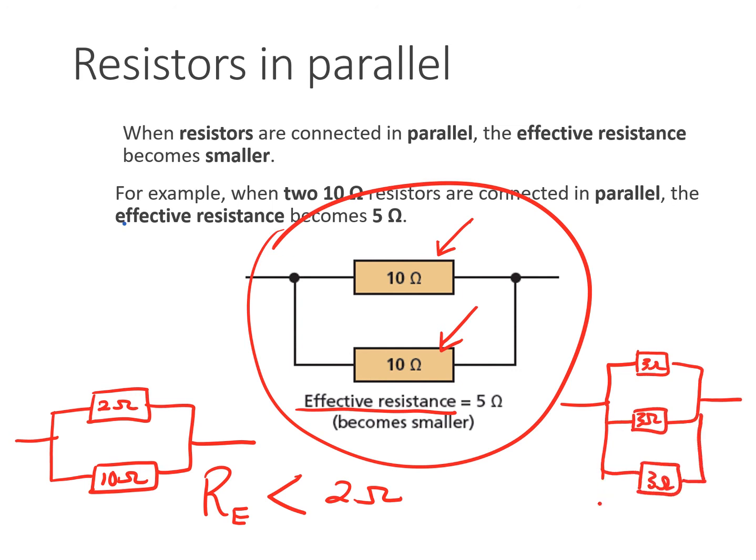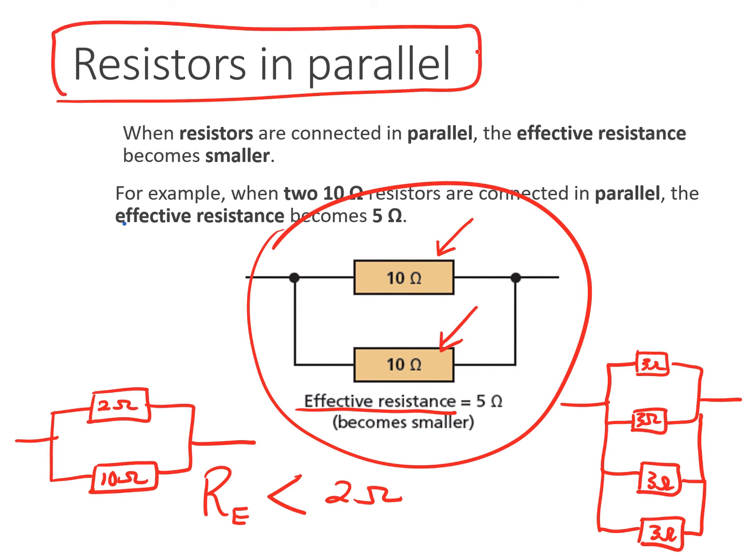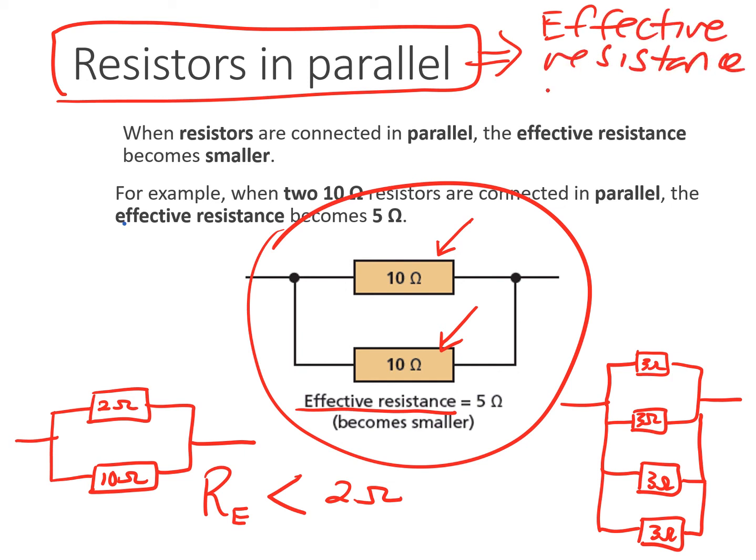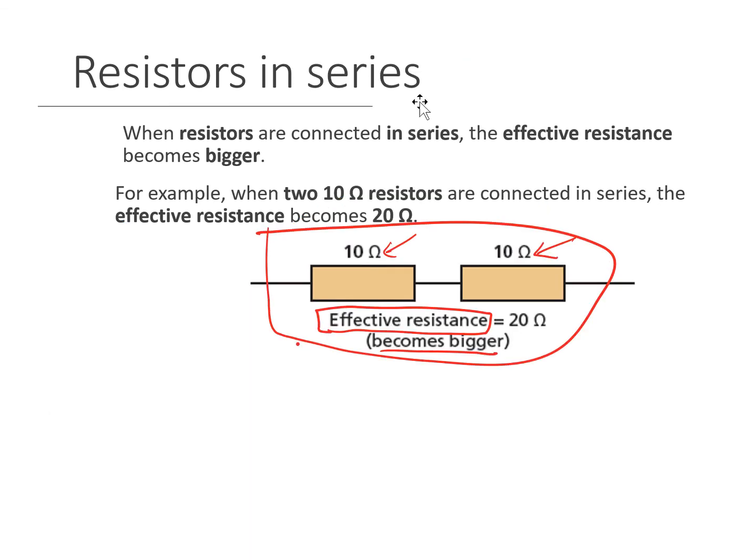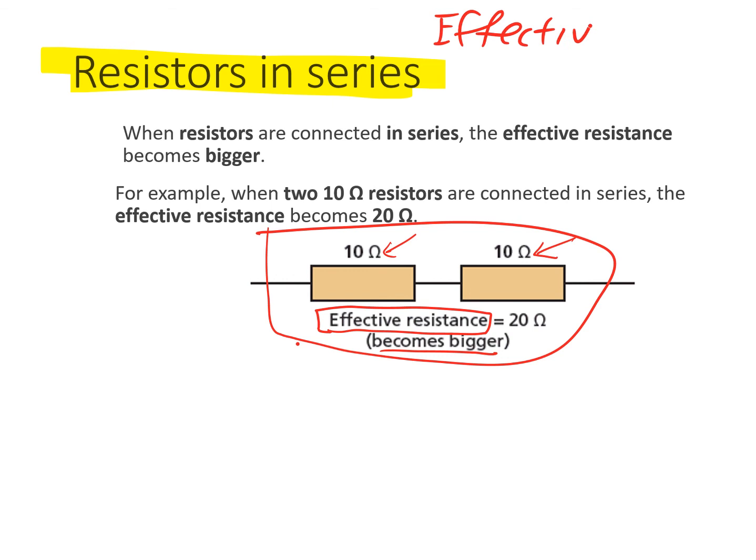So take note, when you combine resistors in parallel, you are making the effective resistance smaller. But when you connect them in series, your effective resistance actually becomes bigger. So this is what you need to know.